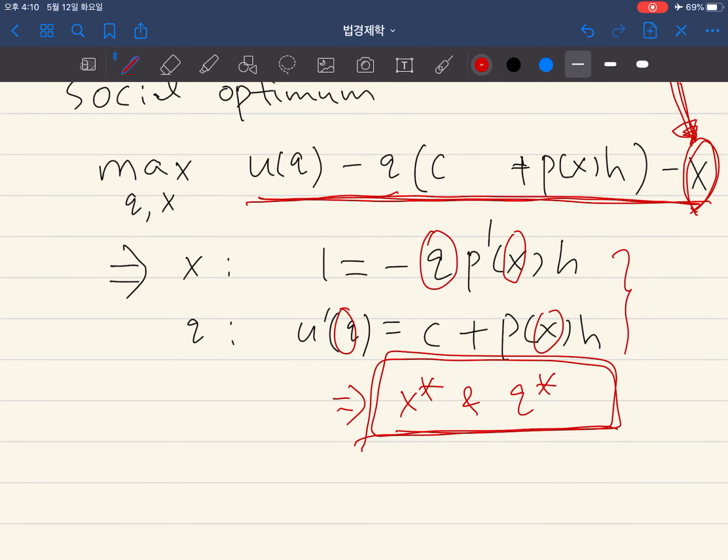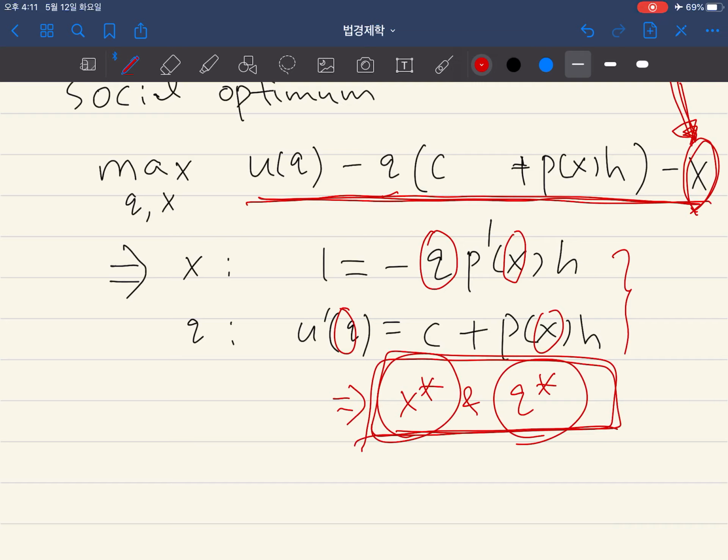So here we can find is that now X star and Q star, they are interdependent to each other. When care cost was variable cost before, we can just find X star from the first equation. So X star did not depend on quantity, but now quantity depends on quality and also quality depends on quantity.